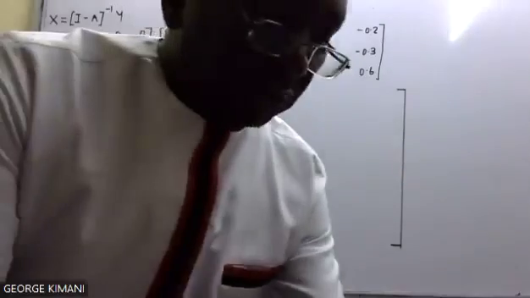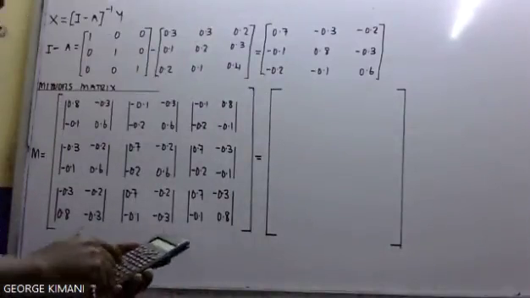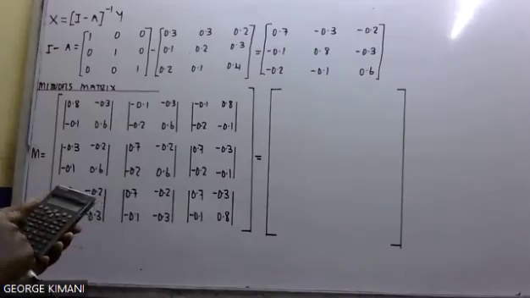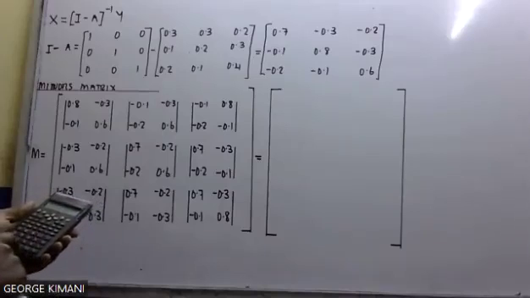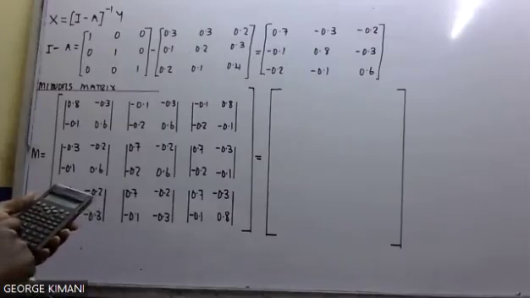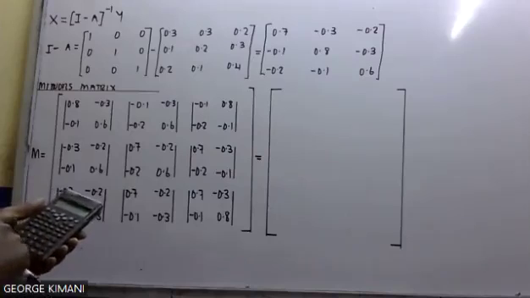So for the determinant, we multiply the major and subtract the minor product. Okay, 0.8 times 0.6 minus 0.3 times minus 0.1.